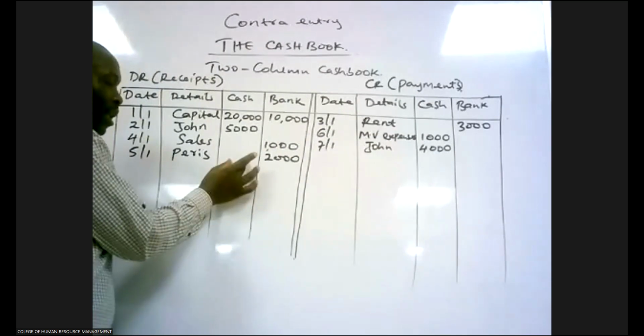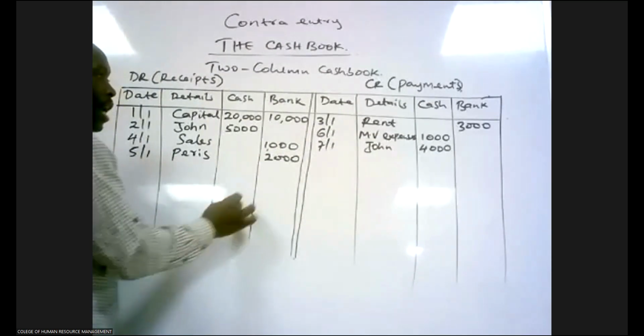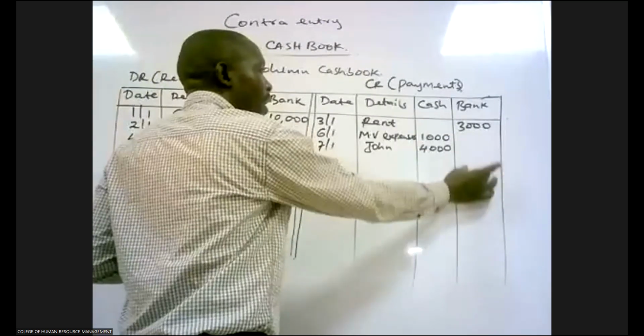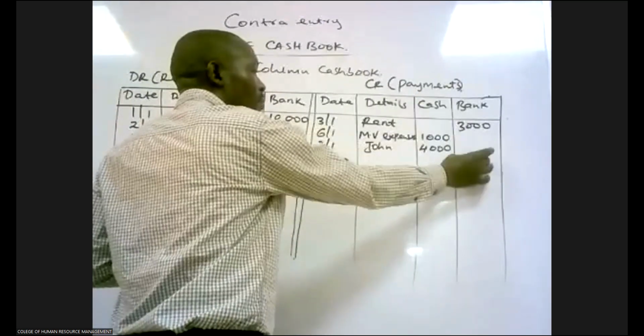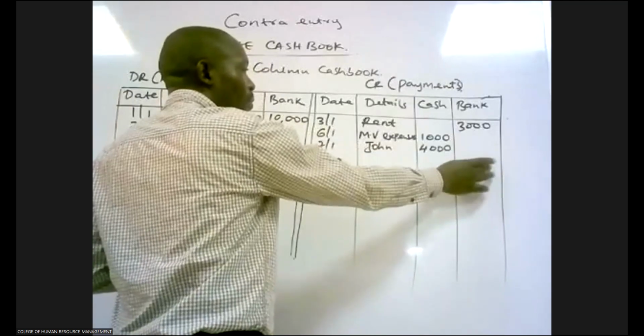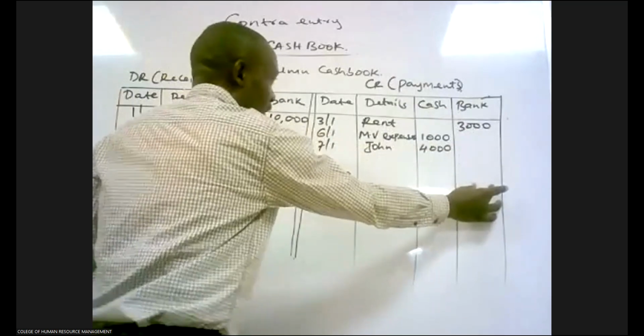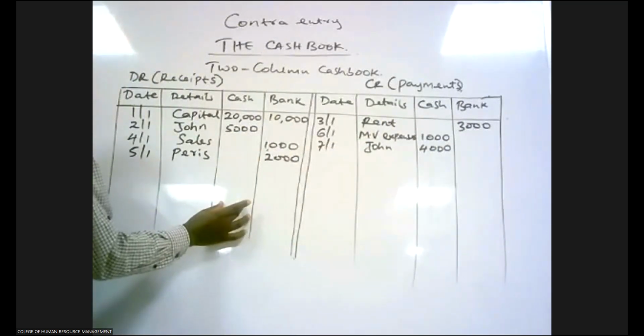You put this money on the receipt of cash. And because it was withdrawn from the bank, we put it in the bank as a payment because it is moving out of the bank. From the bank point of view, it is money out, or like a payment.